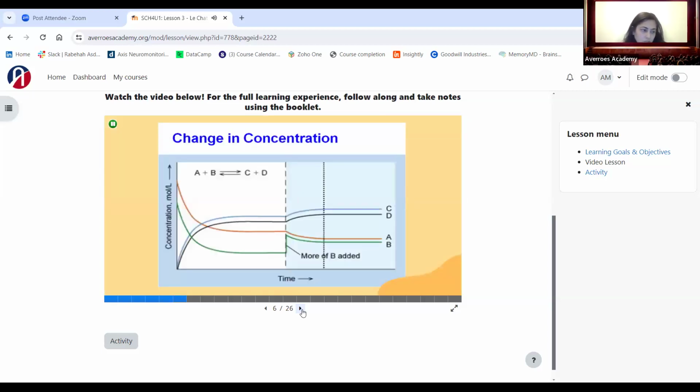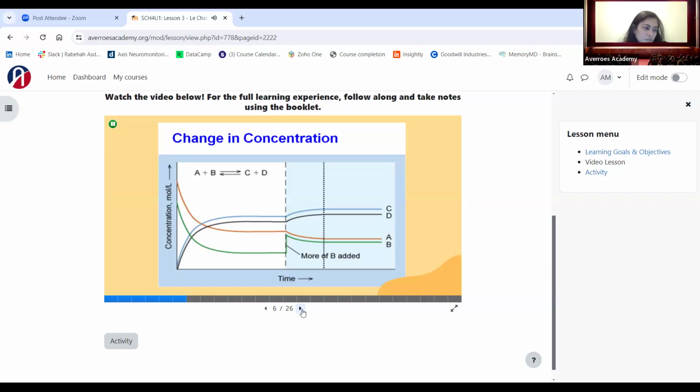Here's a graph showing that shift in equilibrium to a new equilibrium. So you have a hypothetical reaction A plus B yields C plus D. And the reaction has an initial equilibrium, which is then disturbed at a specific time, indicated by the vertical dotted line, by the addition of some more reactant. In this case, more of B is added, that green line.